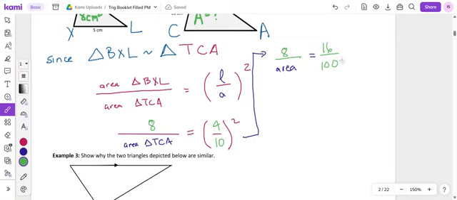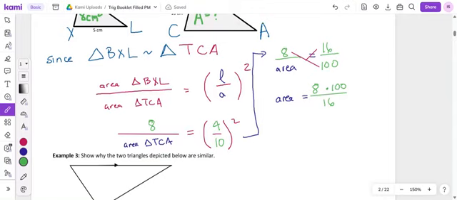And now let's practice the T method. Eight times 100 divided by 16.